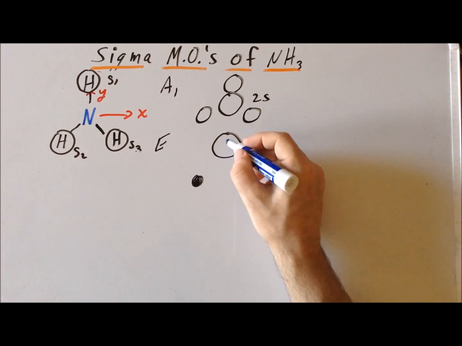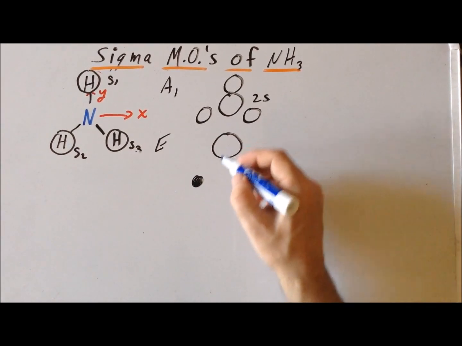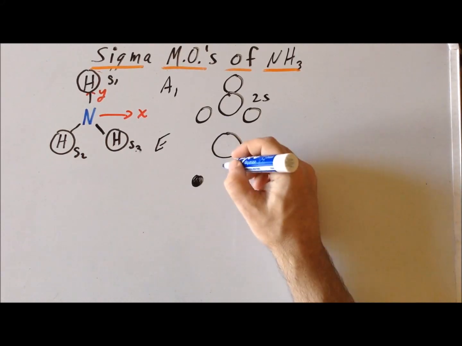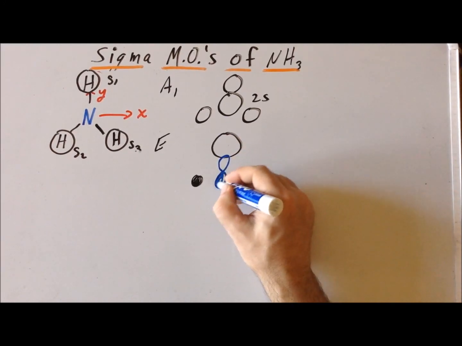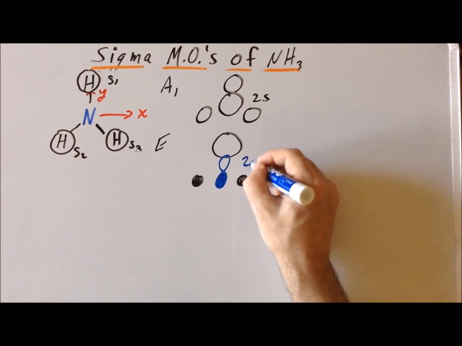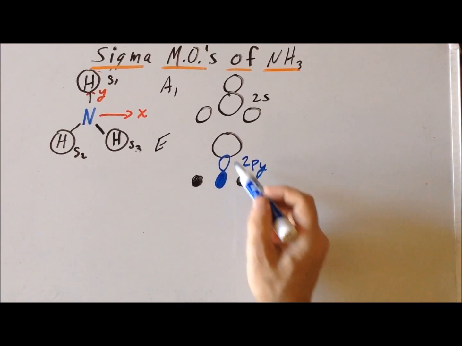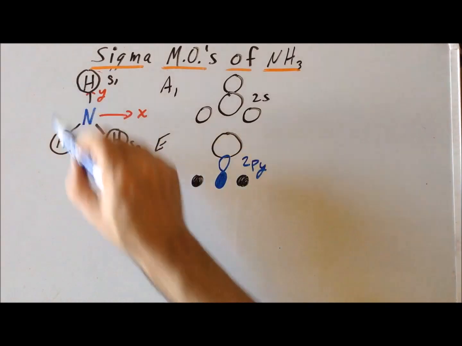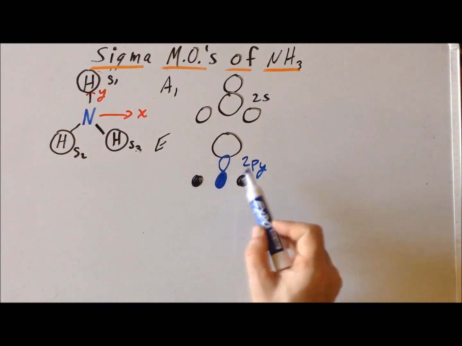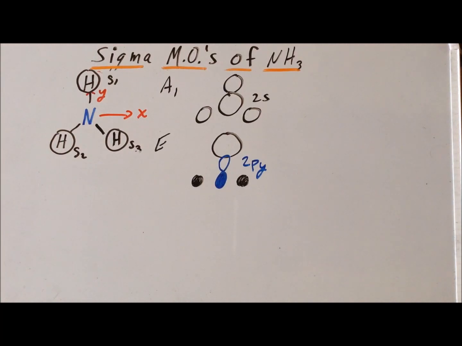So we recognize that we see positive at this end and negative at the other end along the y-axis. So if we combine the 2py orbital of nitrogen with this linear combination of group orbitals on hydrogen, we can make a sigma orbital.